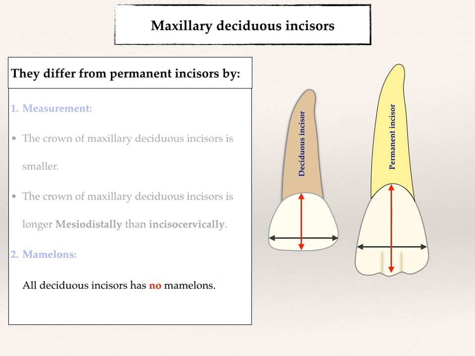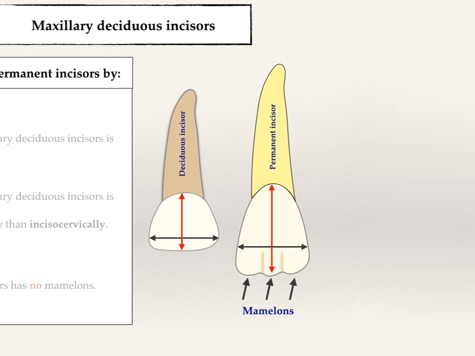All deciduous incisors have no mamelons. Mamelons are only found in newly erupted permanent incisors. Mesial mamelon, the middle mamelon, and the distal mamelon.